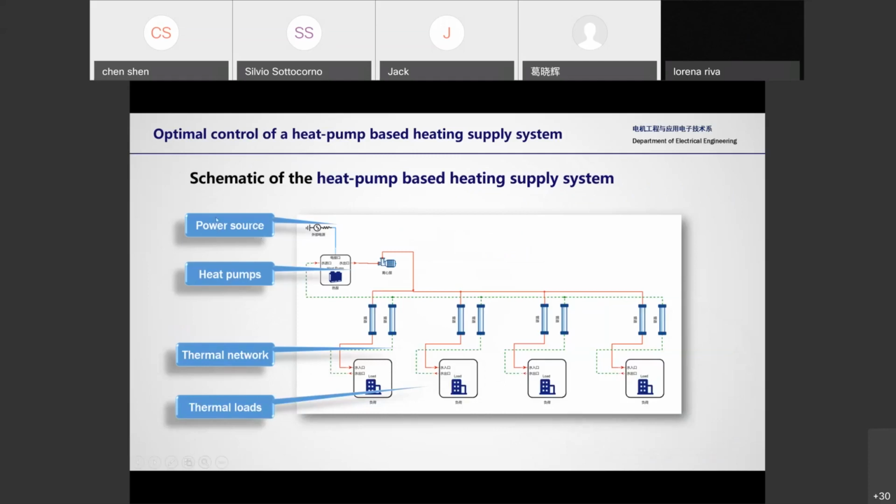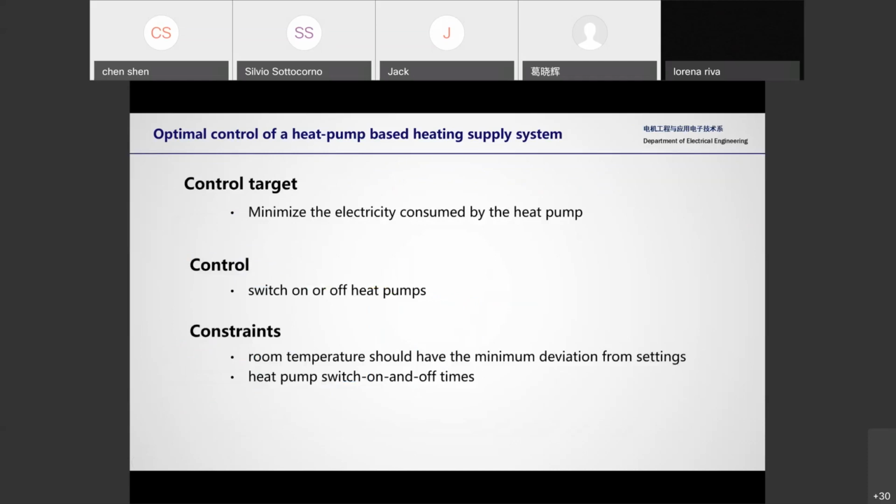Here is the power source, which drives dozens of heat pumps to supply heat to external loads. Here, the red line represents the pipe flowing hot water, and the green line represents the pipe flowing cold water. The control target is to minimize the electricity consumed by the heat pump.